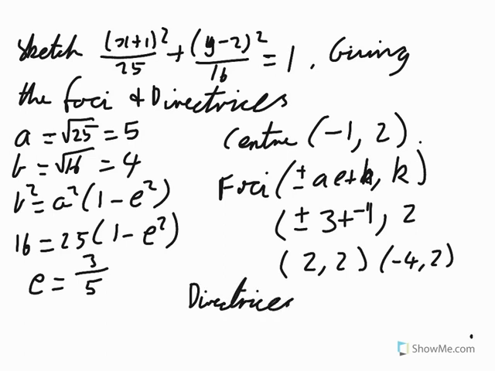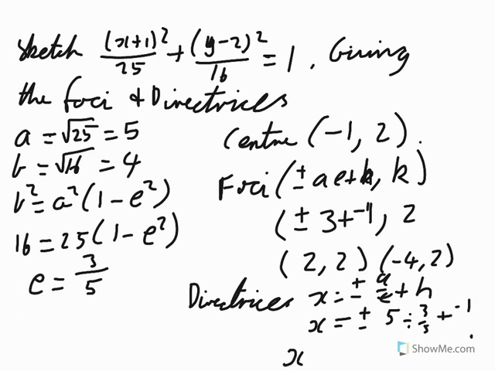Directrices. Okay, using them, x equals plus or minus a over e plus h. And when you put that in, you get plus or minus A, which is 5, divided by 3/5, plus -1.